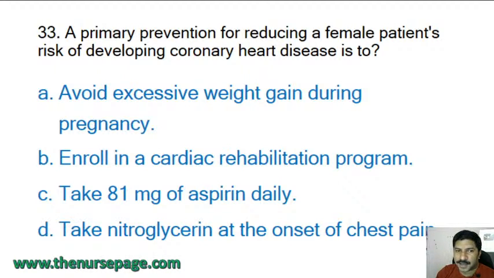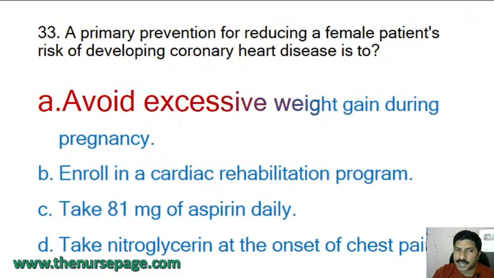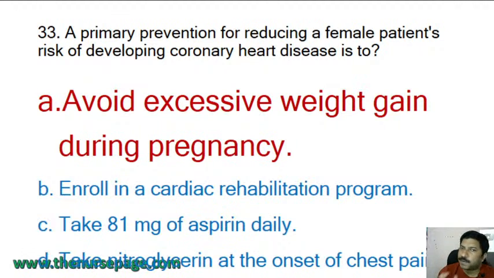I think all of you know the answer: avoid excessive weight gain during pregnancy. That is one of the risk factors for getting coronary artery disease in female patients, so we can prevent it by preventing overweight gain.